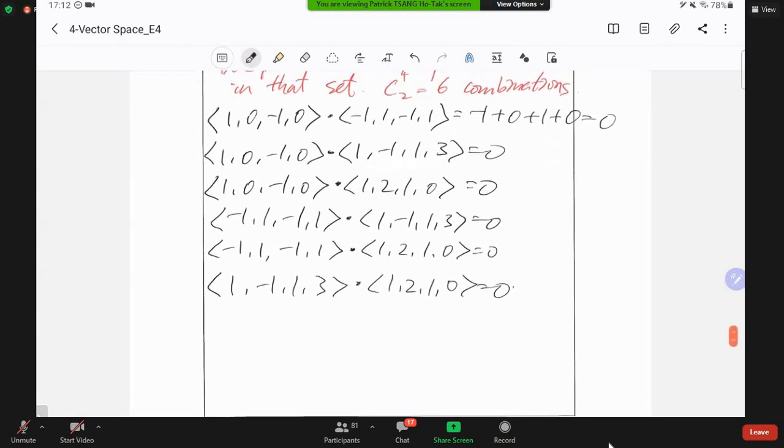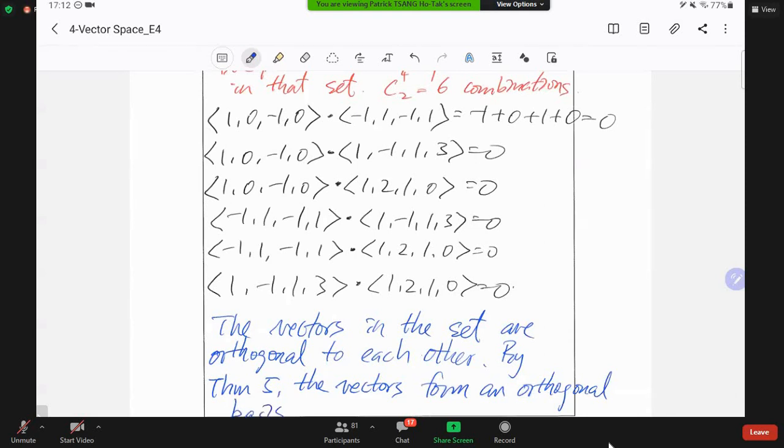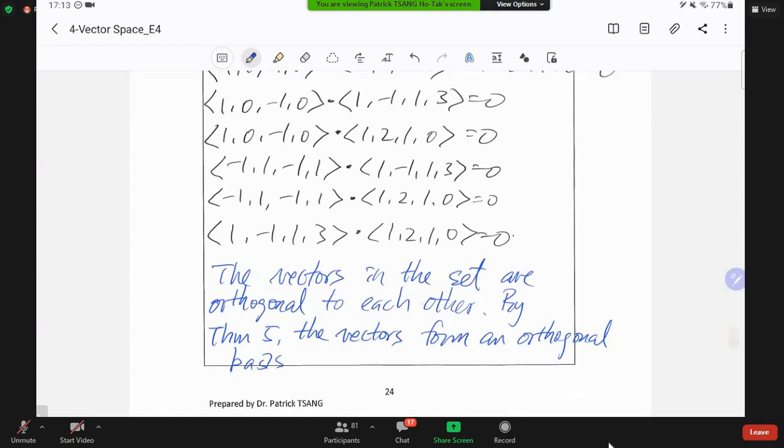Based on this observation, we can claim that the vectors in the set are clearly orthogonal to each other, because we checked all of the combinations. So we are safe to claim the set is orthogonal, and then by Theorem 5, the vectors in the set form an orthogonal basis.